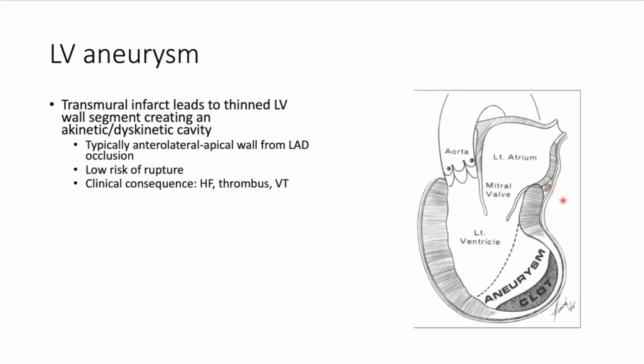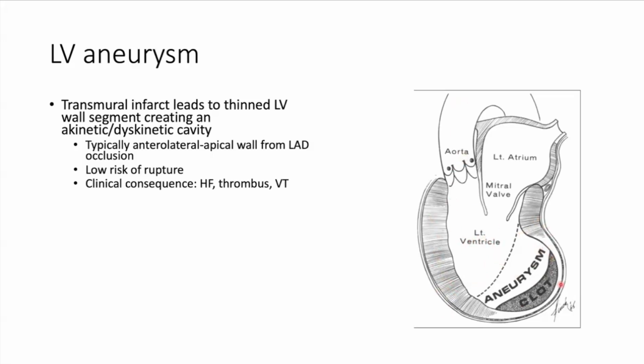This is a diagram of what we're talking about. So this is the infarcted area. Over time, this area becomes thinned and it develops a cavity. The consequence of this is that it's very mechanically disadvantageous. When the rest of the myocardium contracts, the stroke volume normally is all towards the aorta.